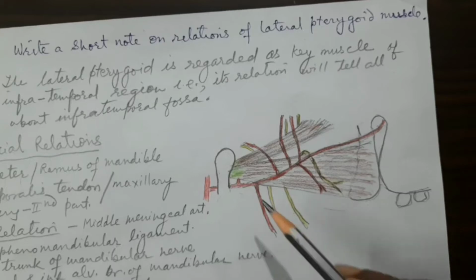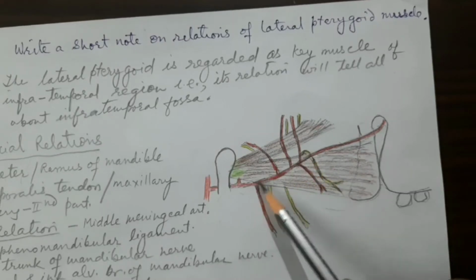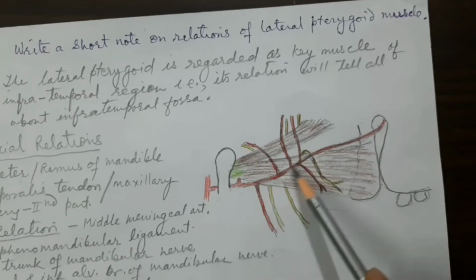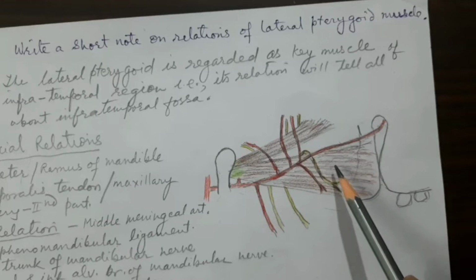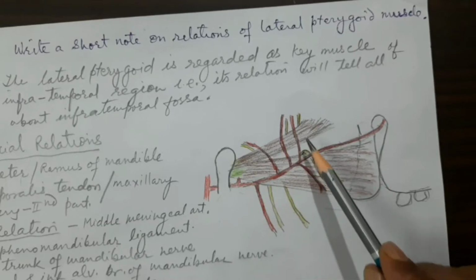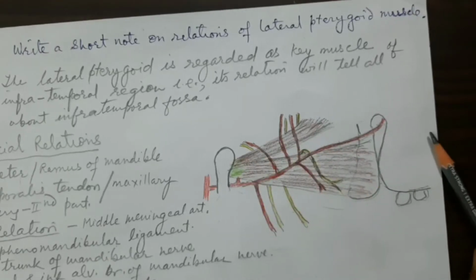Then there is the maxillary artery, which is also in superficial relation, and this is the second part of the maxillary artery, which lies on the surface of the lateral pterygoid, the lower head of the lateral pterygoid. So these are the many superficial relations of the lateral pterygoid muscle.